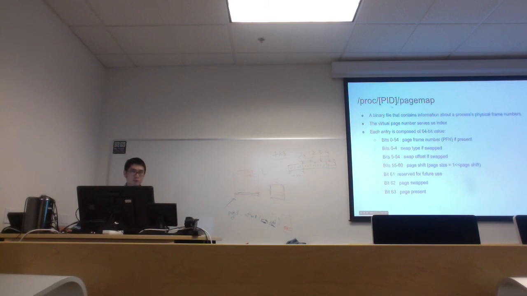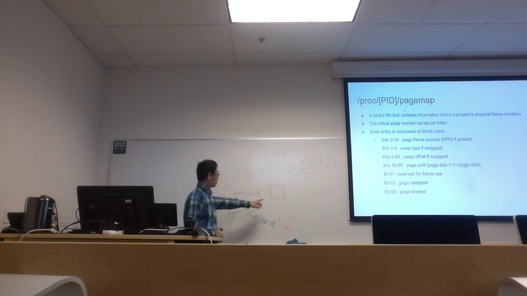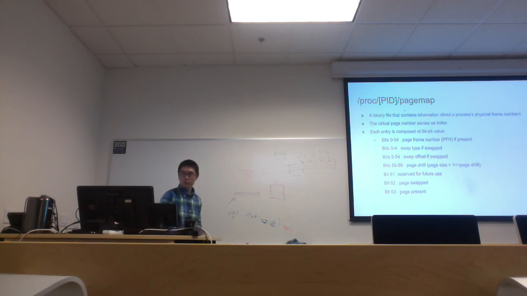For each process, it exports all the page table entries. So ideally on a 32-bit machine, you will get all the 1 million page table entries. And this pagemap file contains a huge array. Each element of the array is a 64-bit value.